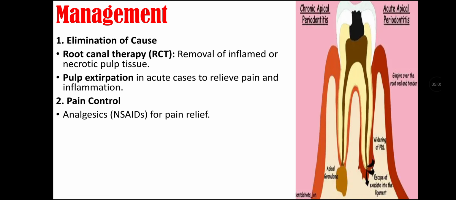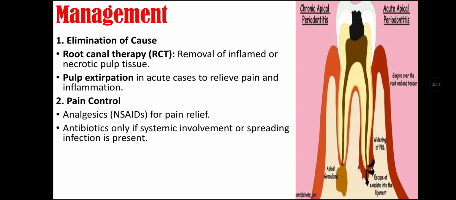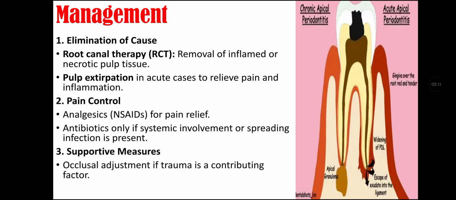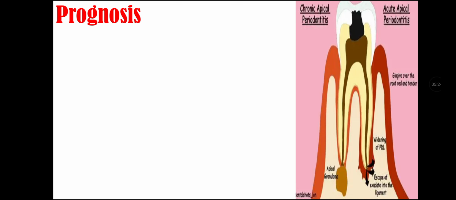We can give analgesics for pain relief and antibiotics only if systemic involvement or spreading infection is present. We also give supportive measures for the patient that include occlusal adjustment if trauma is a contributing factor, and soft diet and patient counseling for comfort.